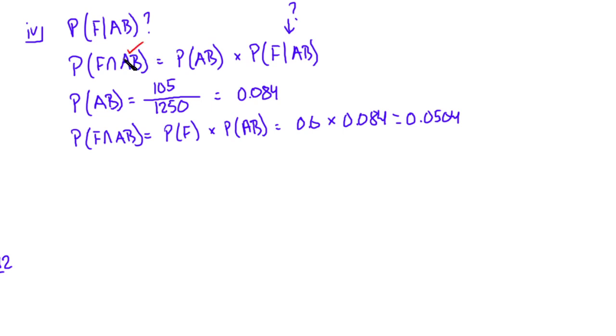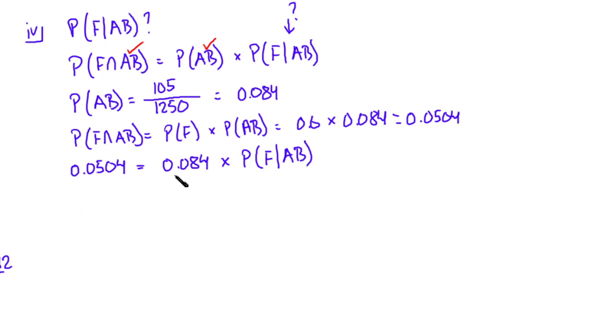Okay, so we are ready to finish this up. We have this quantity, it's right down here. We know the probability of blood type AB is right there. So it's just a matter of plugging it in again and solving it for the unknown quantity. So it's going to be 0.0504 equals 0.084 times the probability of being a female given that you have blood type AB.